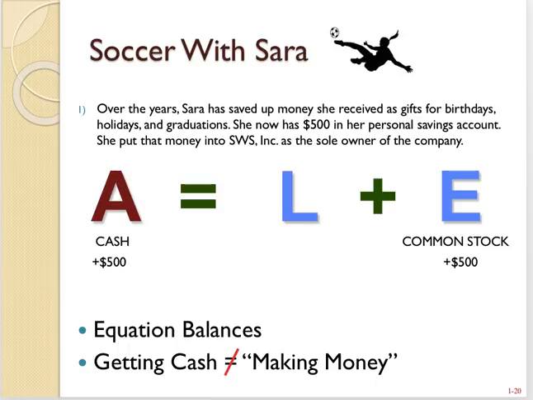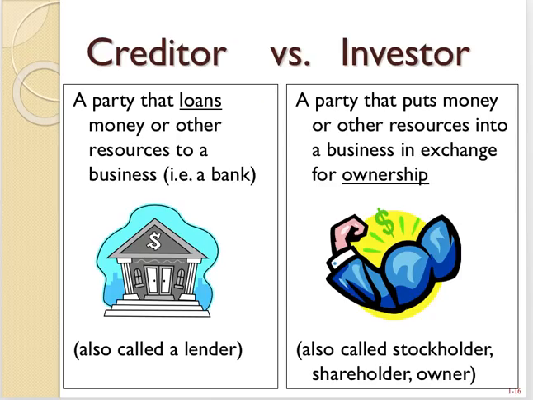So when we talk about owners, I want to show you some alternative terms that we use for owners. And I'm going to use these terms, and the book will use these terms interchangeably. So it's important that you understand all of the words. But the main term is investor. But know that an investor is a party that puts money or other resources into a business in exchange for ownership.